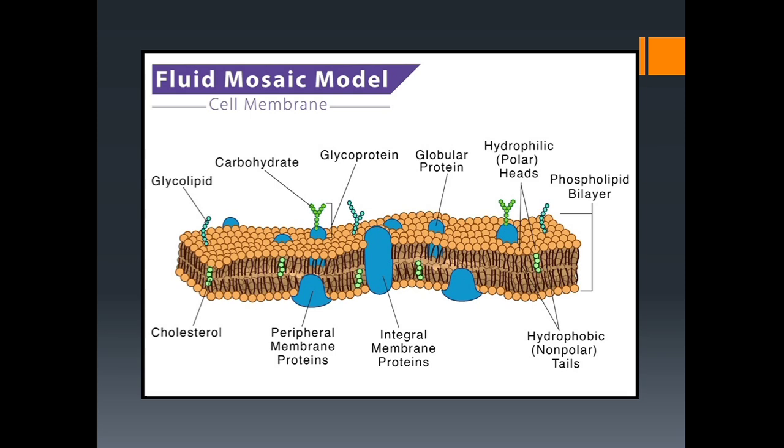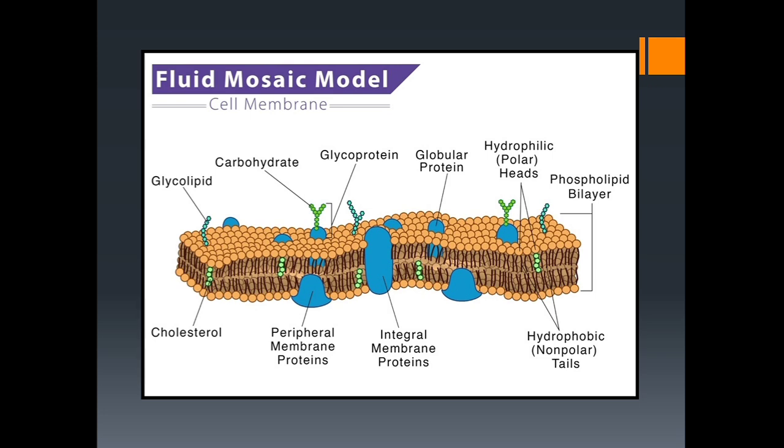So you can see the carbohydrate part. In the glycoprotein and glycolipid, you can see the snake-like, beaded structure, which is attached to the upper layer of the phospholipid bilayer, and also attached to the protein. The carbohydrate part is made up of glucose, that is why it is called glyco.